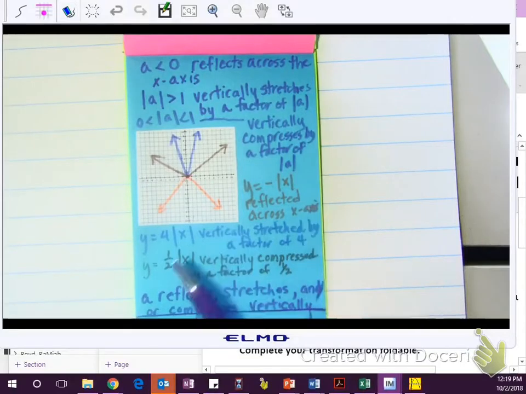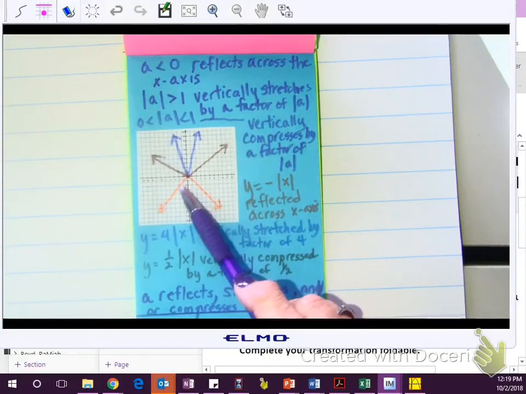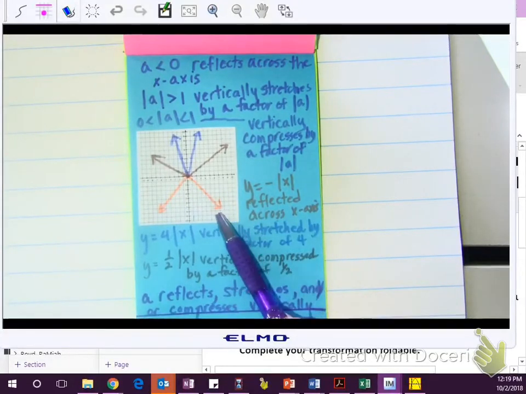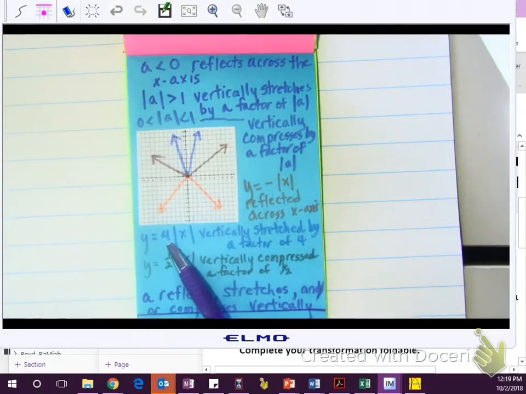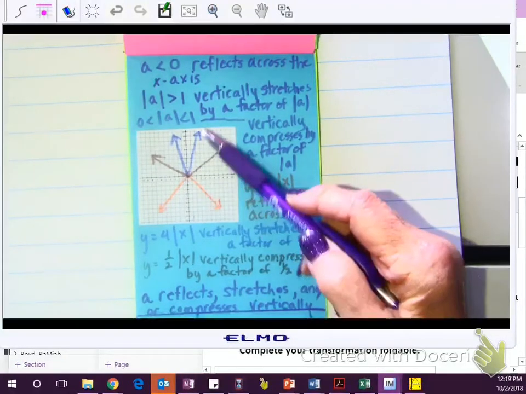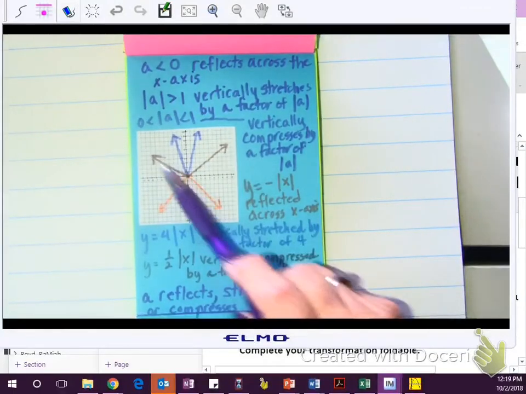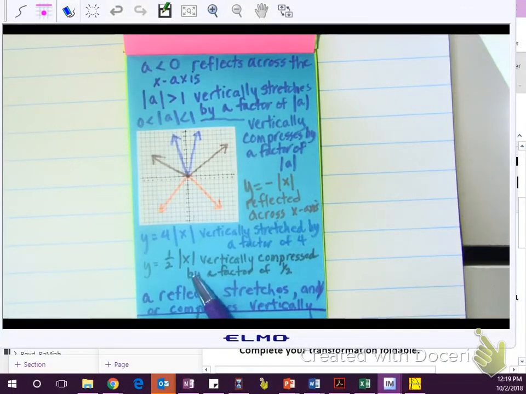So I don't know how well the colors show up, but I have an orange one here with the negative. That's this one, which is reflected. The blue one is multiplied by 4, so it's a vertical stretch. It's vertically stretched by a factor of 4. That's the skinny one here. And then the brown colored one here is 1/2 of the absolute value of x.